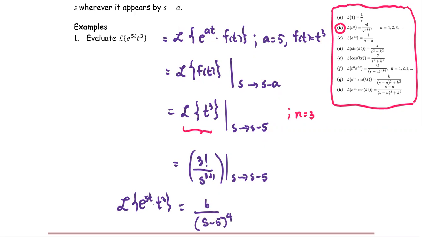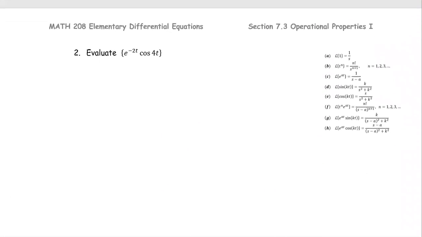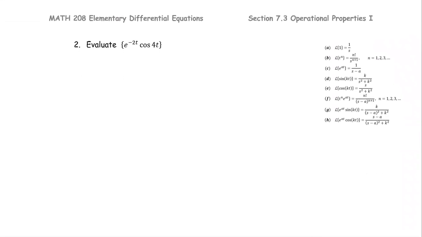Then let's see another example. The second example, if we write it as a pattern, is the Laplace of e to the at multiplied by the function of t. In this case a is negative 2, and the function of t is the cosine of 4t.